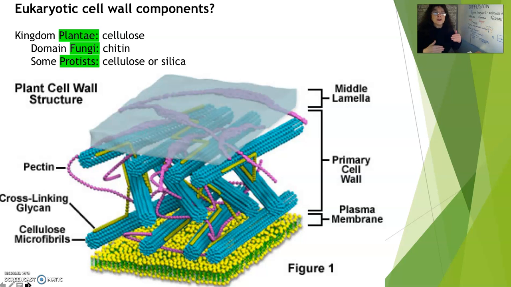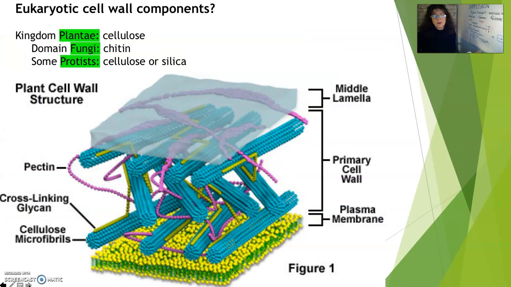Now, in terms of the higher level cells, the eukaryotic cells, we were talking about, well, what's in their cell wall? Their cell wall may not have the sophistication of the bacterial cell wall because there are other layers of defense in eukaryotic cells. However, there is differentiation in the materials in the eukaryotic cell wall.